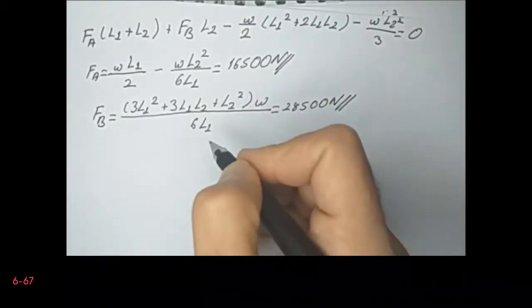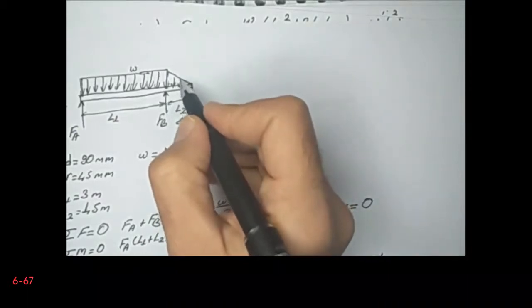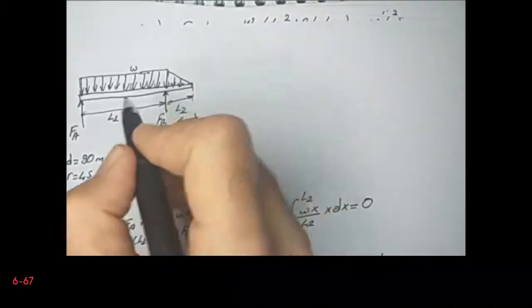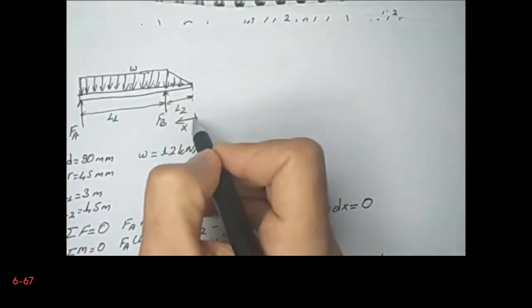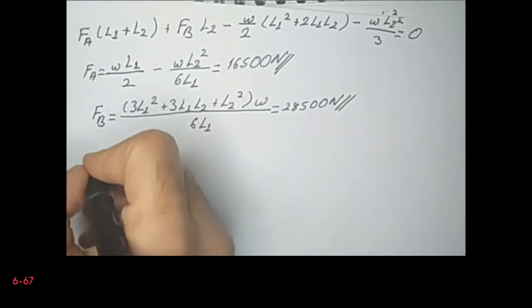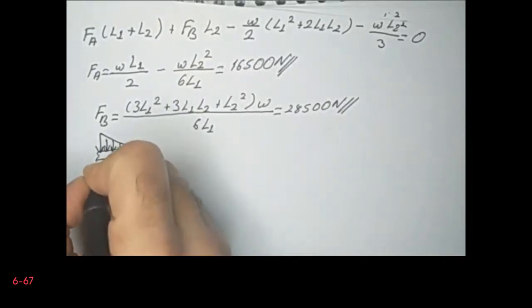Now let's draw the moment distribution. In order to draw the moment distribution or internal bending moments, first we will cut the structure between the free end and point B. So we will make the first cut from here and second cut between B and A. Remember that we put the origin to X. I have M1 here.